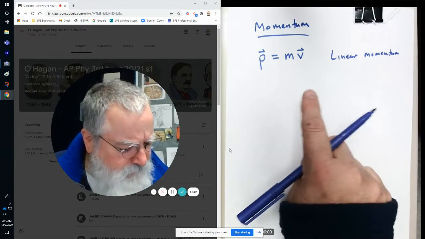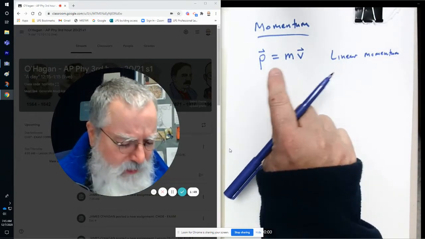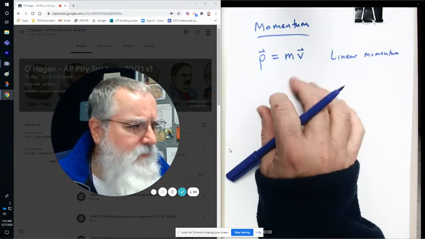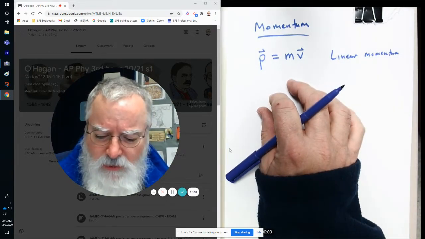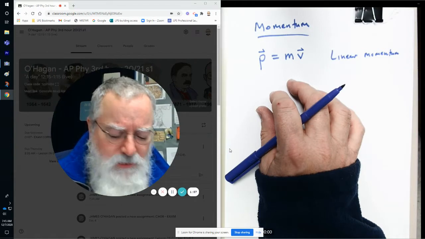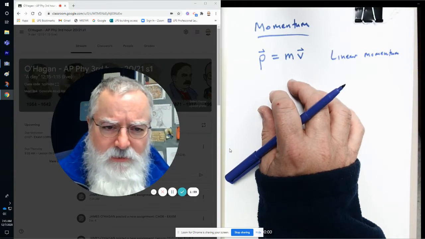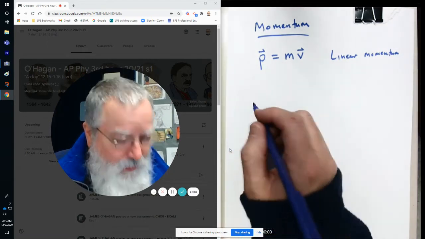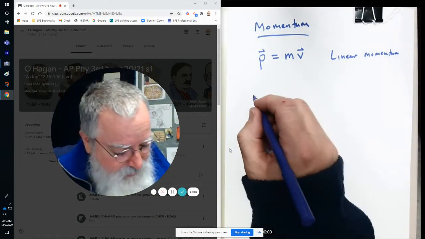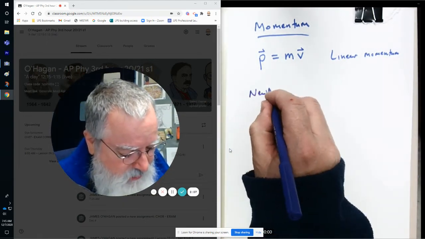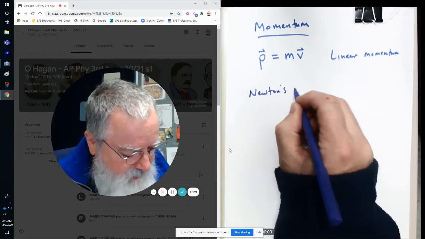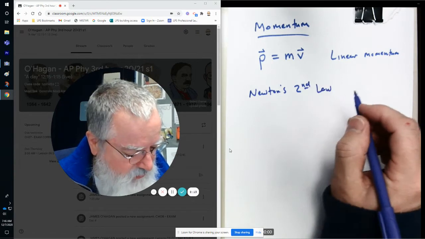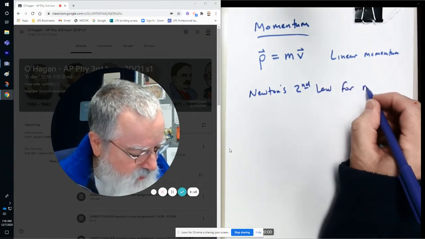Okay, remember I said that momentum's actually maybe more fundamental than mass? Well, it just turns out that Newton's second law didn't talk about masses and acceleration. It talked about momentum. So here's Newton's second law, the way he actually did it. Newton's second law, and this is like for real, F-O-R-R-E-A-L.